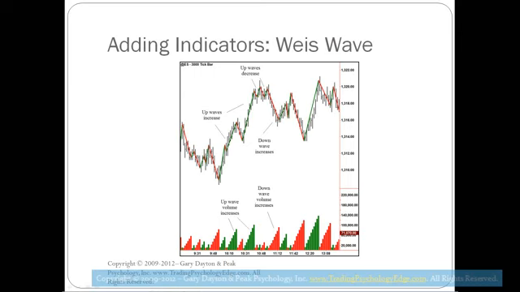Okay, I kind of went through this, so I'm going to just do this really quickly. You know, up waves are larger here on this leg of the Weiss wave, and we get good volume in here. Then the down waves start to increase, and we get larger down waves. And that's what we're going to be using this for. Here, the up waves decrease, okay? And we see suddenly volume coming into the downside. So here might be a trade short.